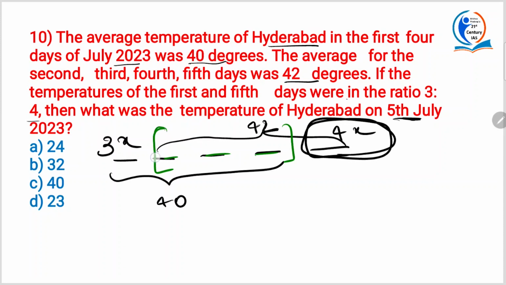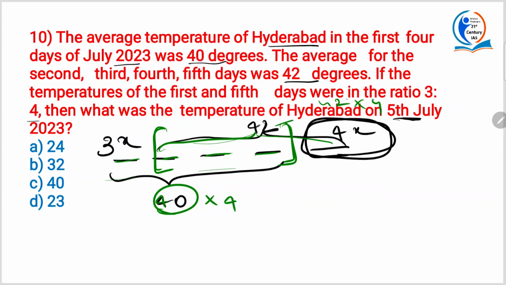So, if you use common sense, you will understand that if you subtract this part from this, you will get something. We will just see. If 40 is the average of 4 days, then the sum of the temperatures of 4 days is 40 into 4. And the same thing here, 42 into 4.